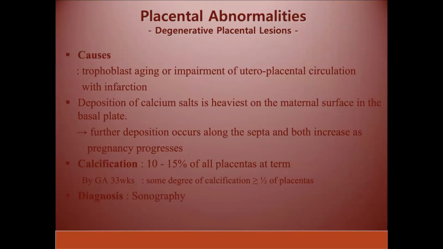Another placental abnormality is degenerative placental lesions. The cause of these lesions is trophoblastic aging or impairment of the uteroplacental circulation with infarction. There is also a deposition of calcium salt, heaviest on the maternal surface in the basal plate. Further deposition occurs along the septa, and both increase as pregnancy progresses.